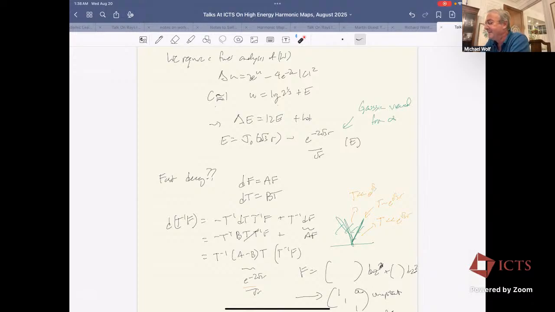So let me try to respond. You tell me if I responded properly. So in affine geometry, everything seems to go up one derivative. So you look at the second fundamental form of a surface. If it's a convex surface, that form is definite.